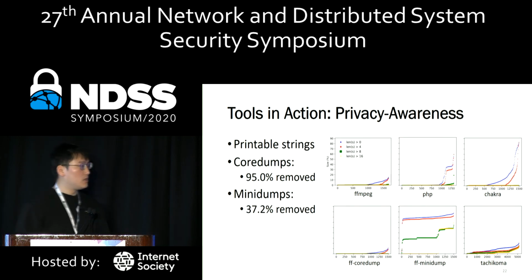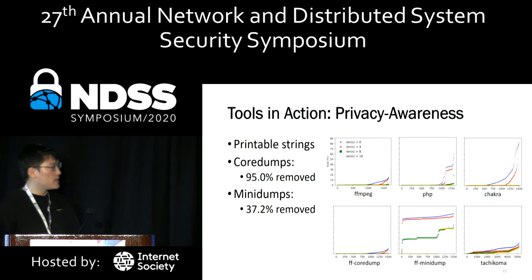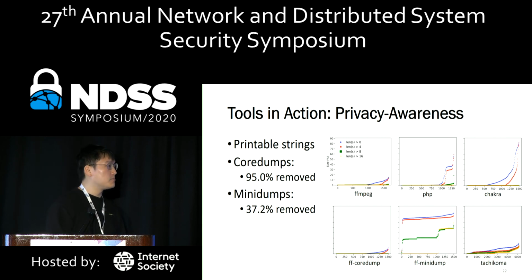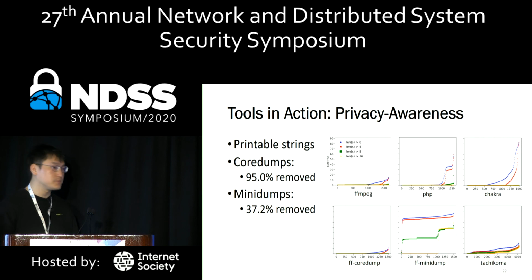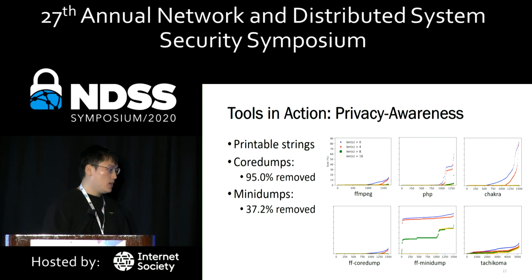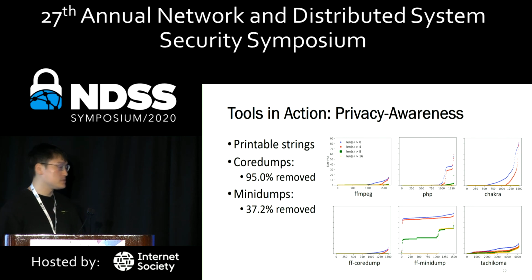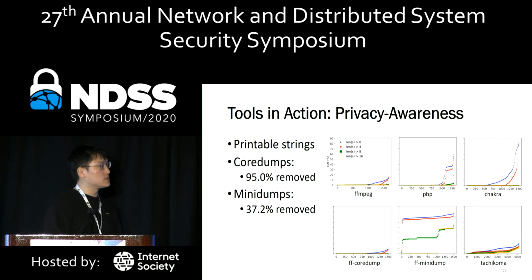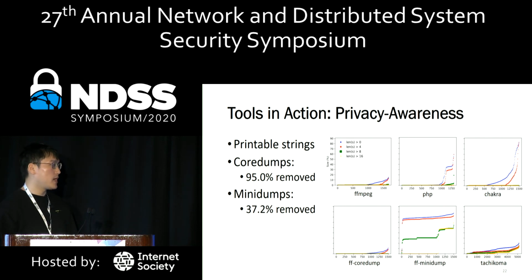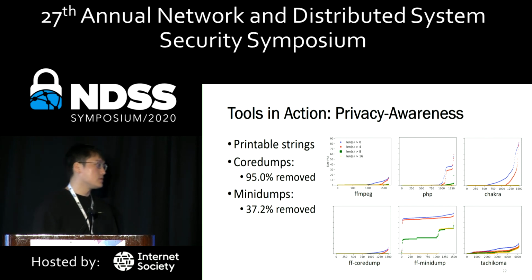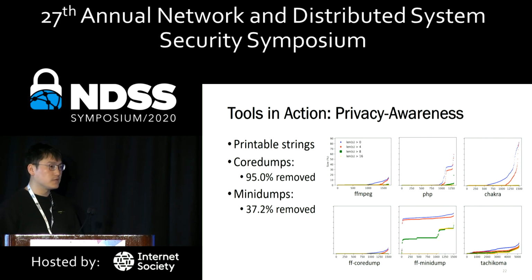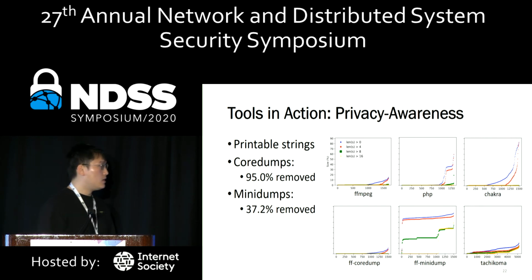To further understand the meaning of the bytes that we removed, we count the printable strings as a proof of concept, in terms of measuring what privacy issues we might face. We found that we can remove 95% of the strings in the core dump, and it is less effective for the minidump as well.